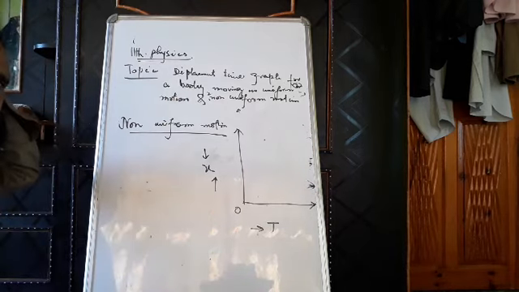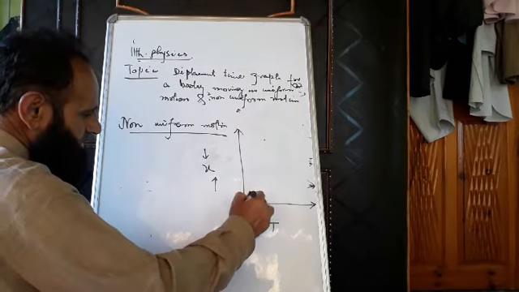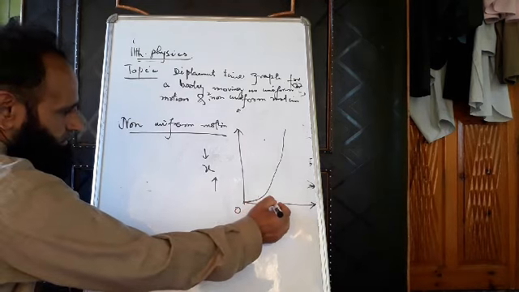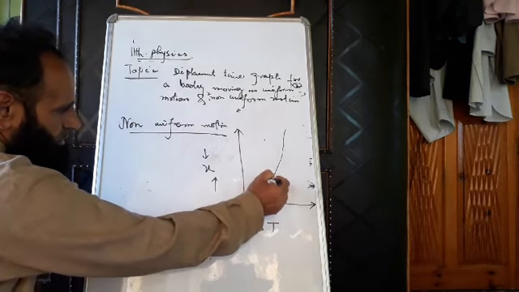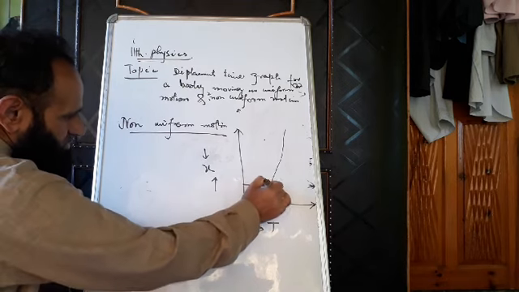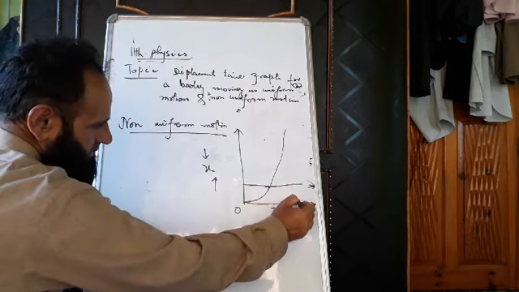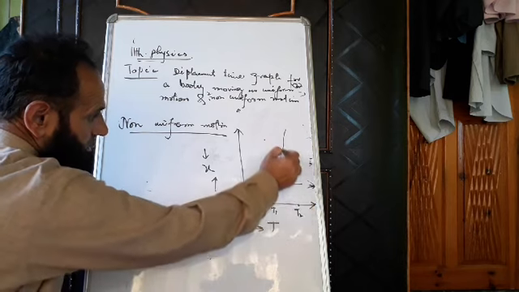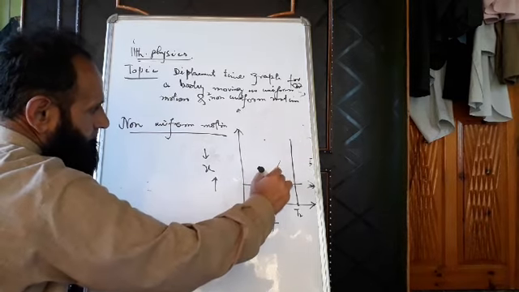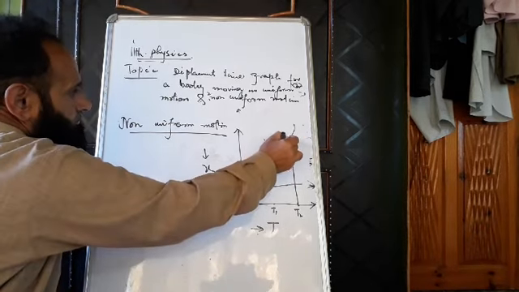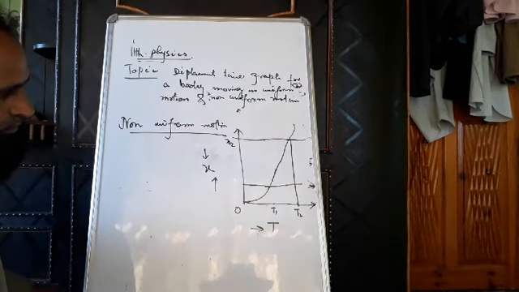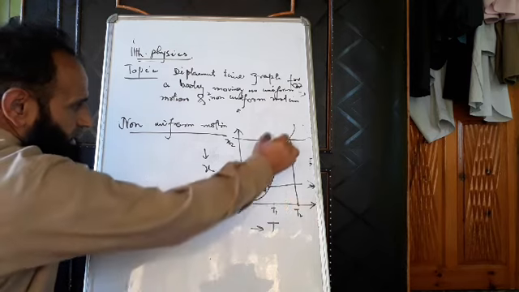The body is moving in a non-uniform motion like this. Let us take any time t1, here it will be x1, and let us take t2, it will be x2. We know these are A and B.